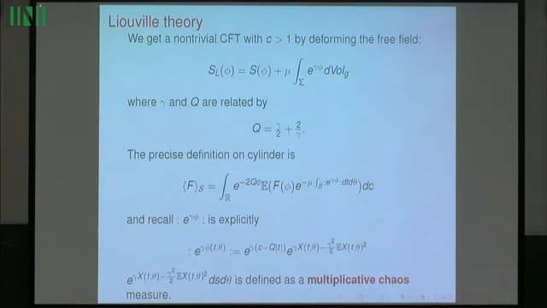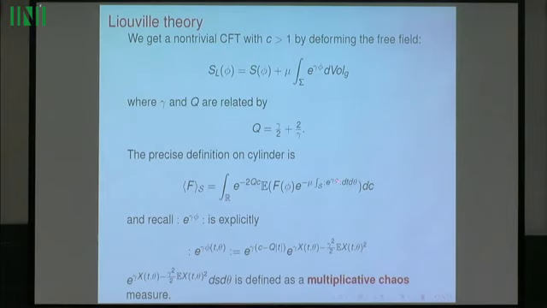Now this is the heuristic definition, and once you do it precisely, you end up with the following expectation. It's exactly like in the Gaussian free field. So you integrate over the constant mode, e to the minus 2qc, expected value of the Gaussian free field, except that you have the Liouville term here. So there's a Radon-Nikodym derivative added, which is here, and I'm using the normal ordering here.